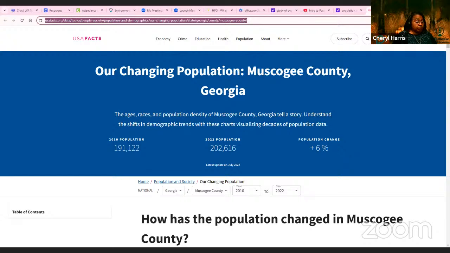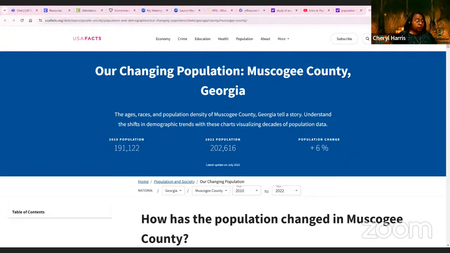So I'm going to put this link in the chat. I'm also going to repeat it in the assignment folder. All right, so the link is in the chat. So I want you to take notes on this one. So this one is the website that gives you the information about Muskogee County.